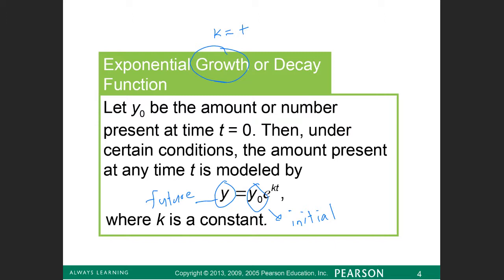When you say exponential decay, k here is negative. So again, this is the formula here. Y is equal to y sub 0 e power of kt.